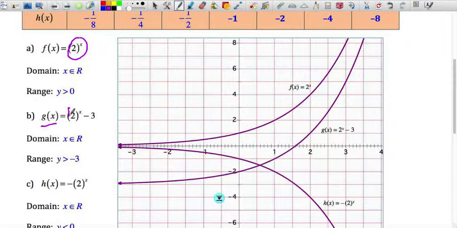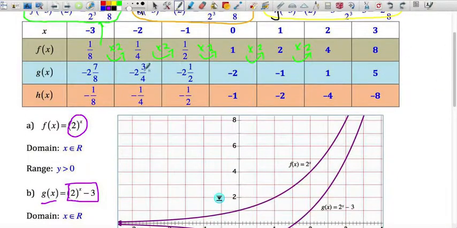The g of x function is 2 to the power of x but minus 3. And so if we go back up to the table, in each case the g of x function should be 3 less than the corresponding f of x value, because it's the same function, just subtract 3.